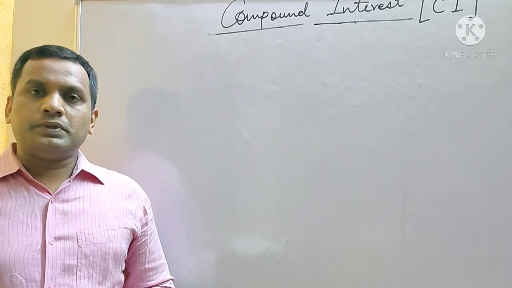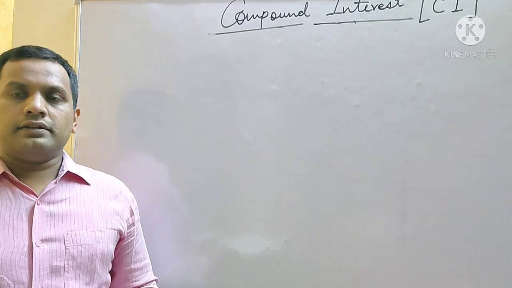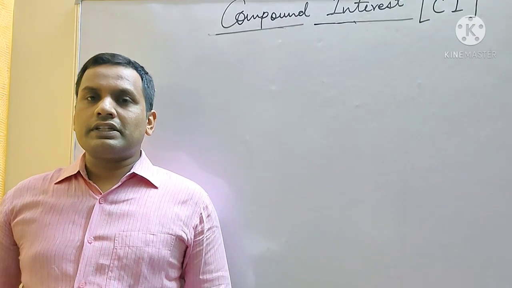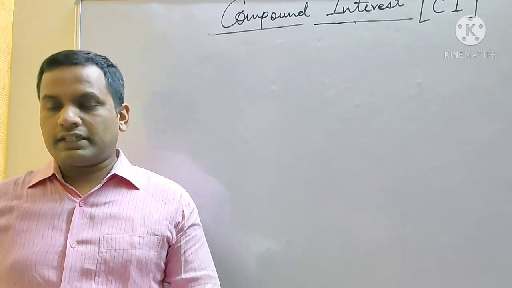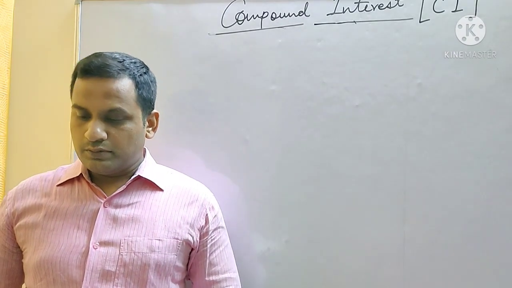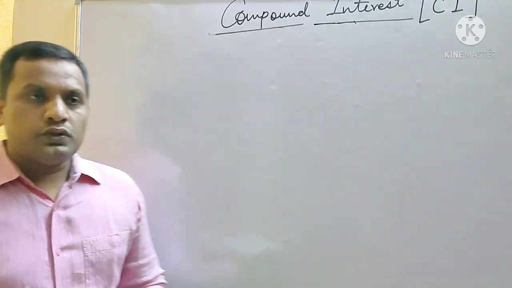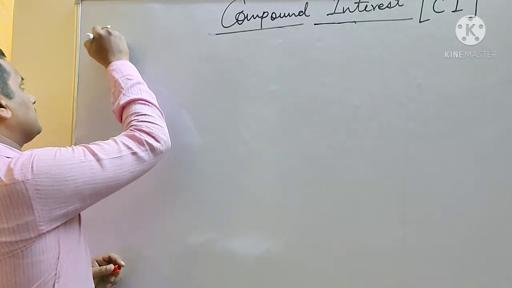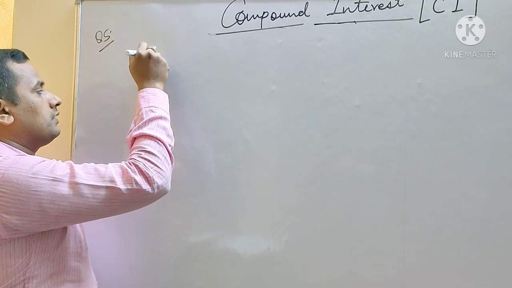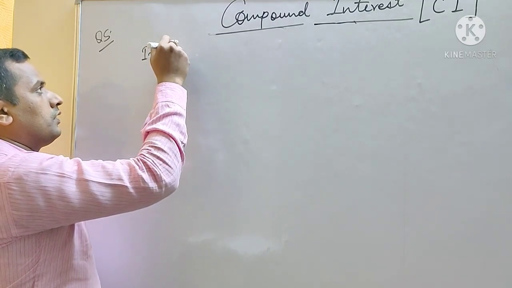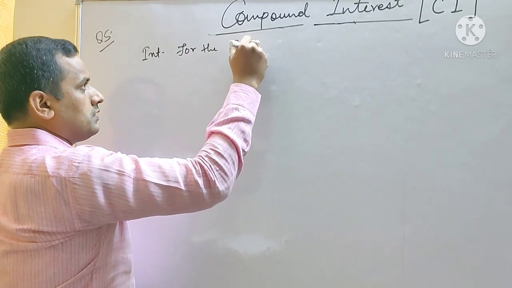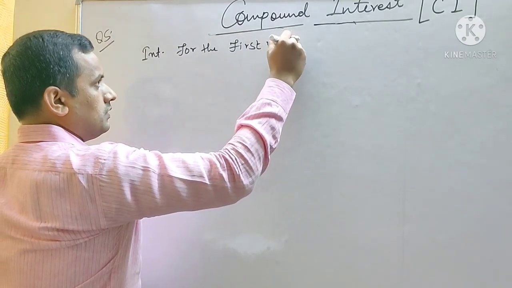So in question number 5 we can see that we have a principal rupees 5,000 and it is taken for 2 years. But the rate of interest for the successive years, the first year and the second year, are 10% and 12%. Both are different. In the first case, let us understand the interest for the first year.